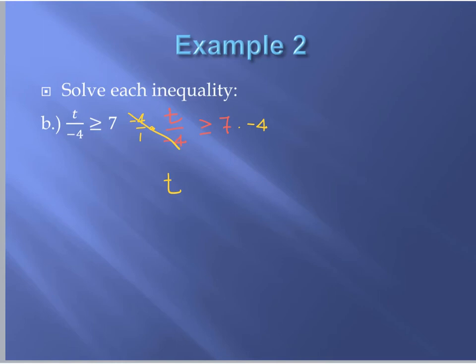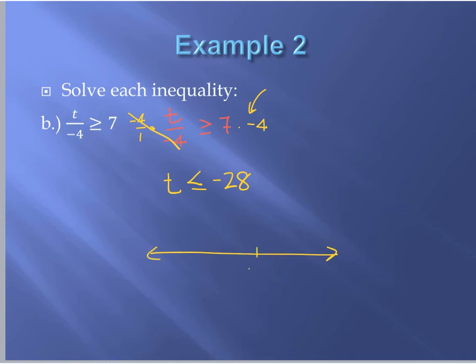So t is going to be less than or equal to, because I multiplied by a negative. So because I multiplied by a -4, I have to reverse my inequality, and then 7 times -4 is -28. So let's just go ahead and double check our work here.